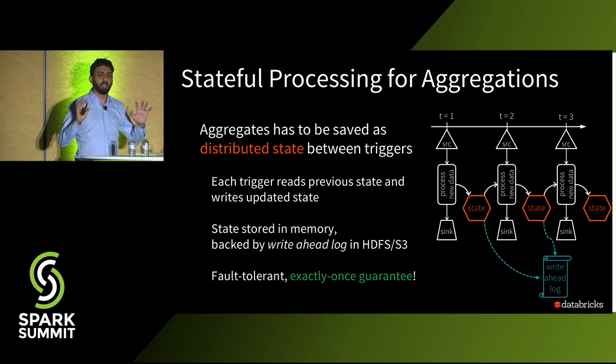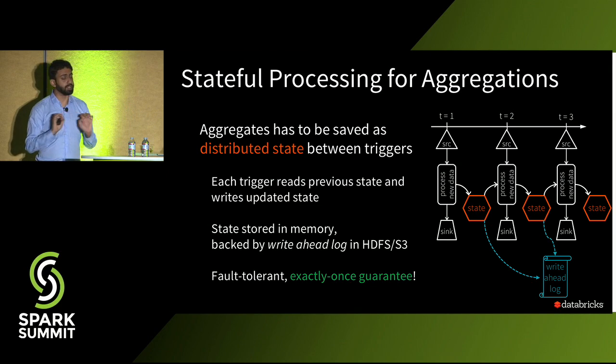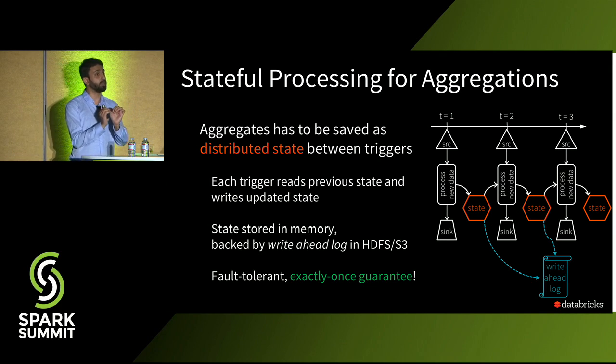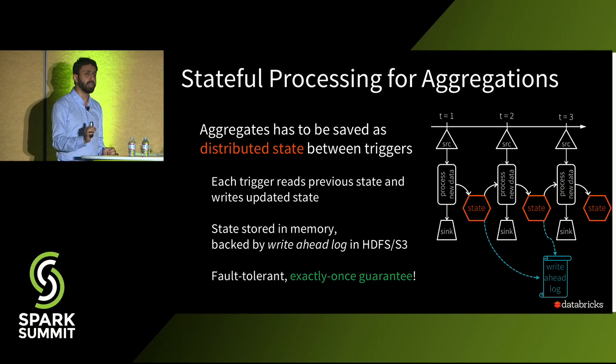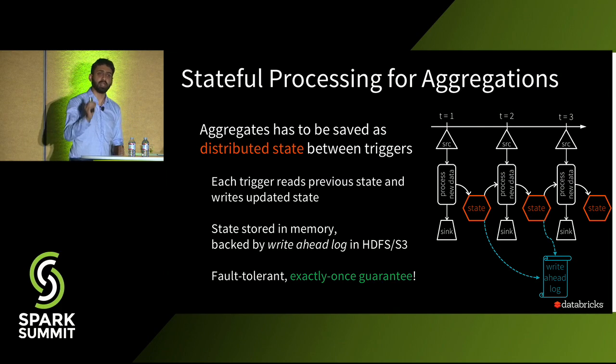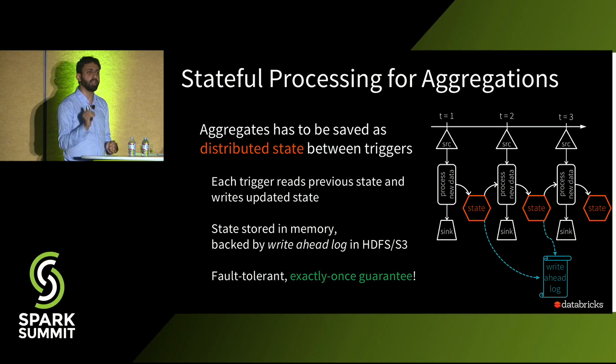And this is all done transparently by the engine. So the user doesn't have to worry about any of this logic. All the user has to write is the query semantic: what you want to group on and what aggregate you want to do. And this whole system is seamlessly fault-tolerant and exactly once.